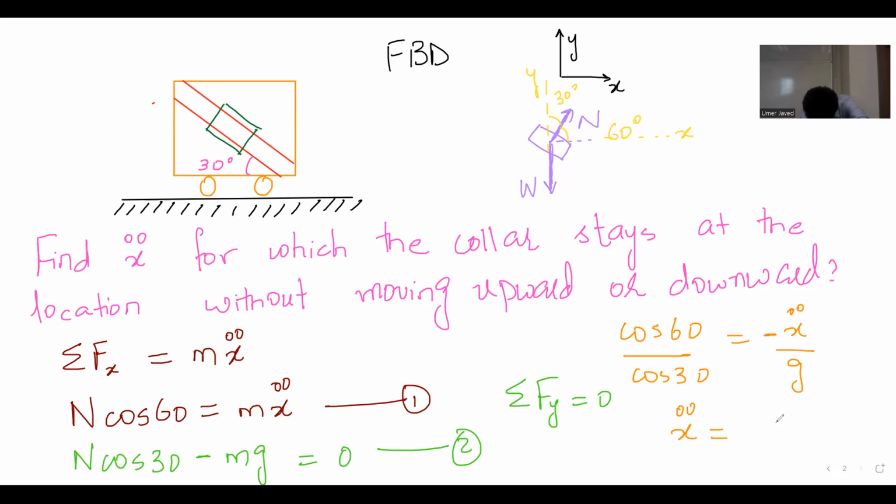Yes, you're right, 5.6. I think I made a mistake. Will I get a negative? Hang on. Positive, I think so. So x double dot is 5.7 meters per second squared. Nice and beautiful.